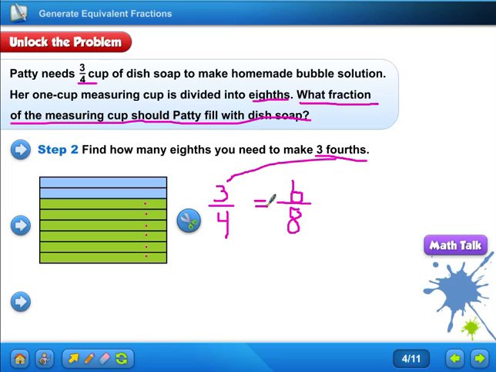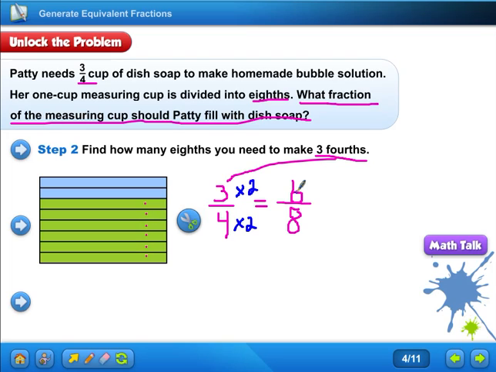To show you a trick for what they do here, remember at the beginning they told you how can using multiplication help you find what's equivalent? Well, all they did was they multiplied. They multiplied this by 2. 4 times 2 equals 8, and they multiplied this by 2. 3 times 2 equals 6. Whatever you do to the top, you have to do to the bottom.